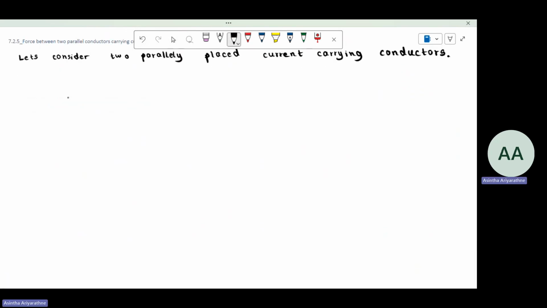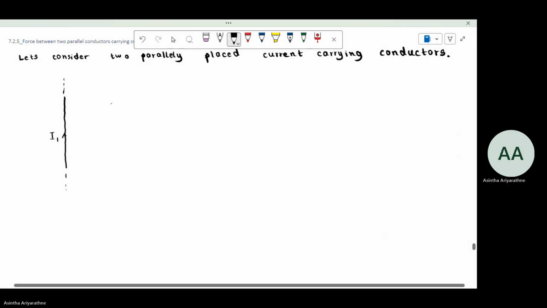So actually we can have two ways of placing two current carrying conductors parallelly like this. One way is to have two infinitely long current carrying conductors which transmit current in the same direction. Let's say upward, I1 and I2.